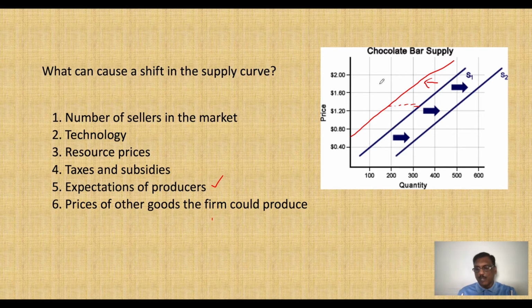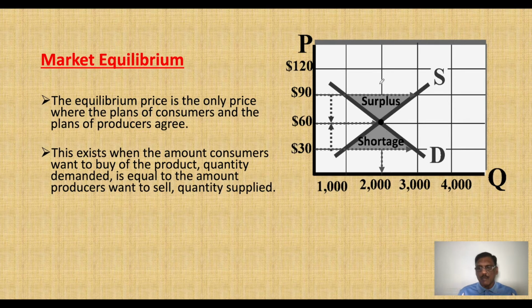Now, we are coming to the important question. How are prices determined in the market? Very simple. It's the intersection of the forces of supply and demand, or the intersection of the supply curve and the demand curve. When you cross these two graphs, the point at the intersection between the supply curve and demand curve is called the equilibrium point.